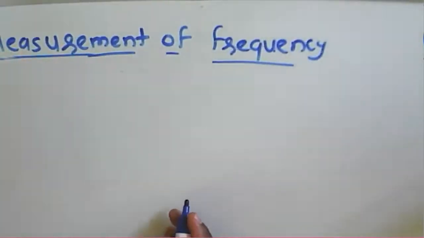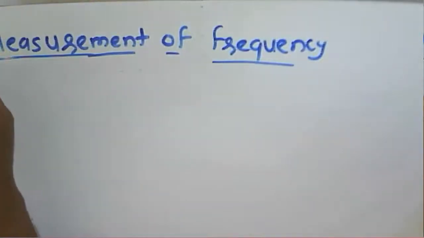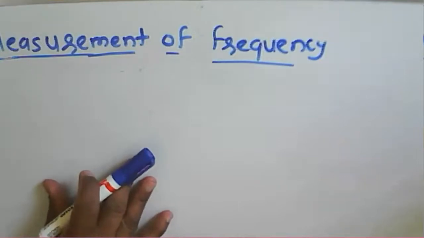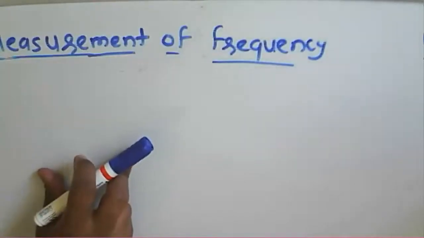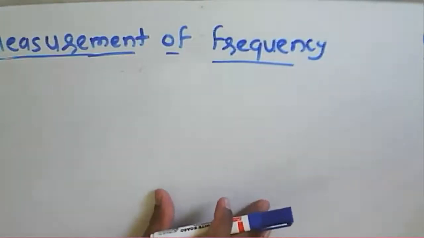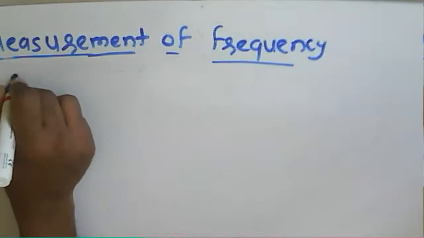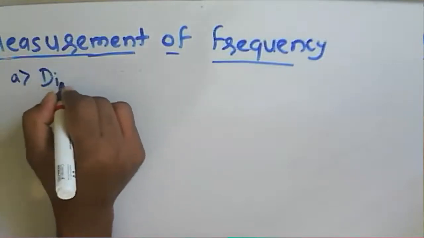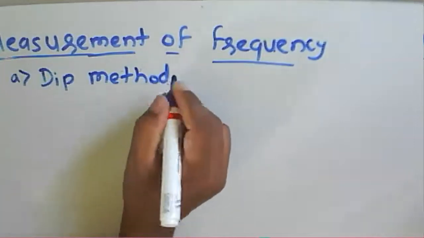Now, to measure the frequency, there are two types of measurement here. One is the dip method, in which we use a wave meter directly and can then measure the frequency.